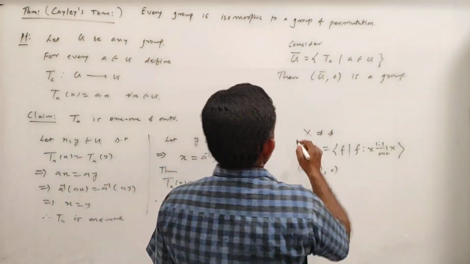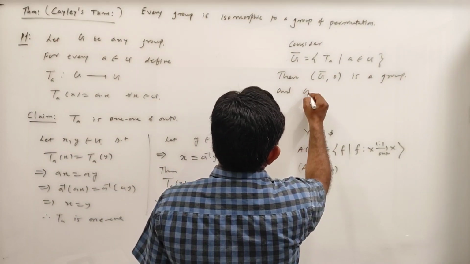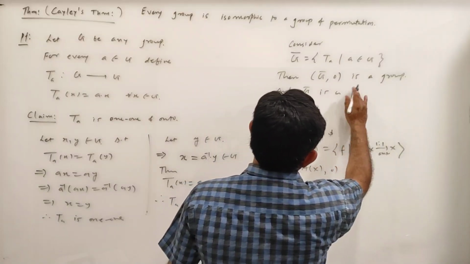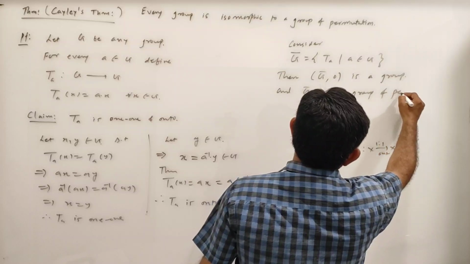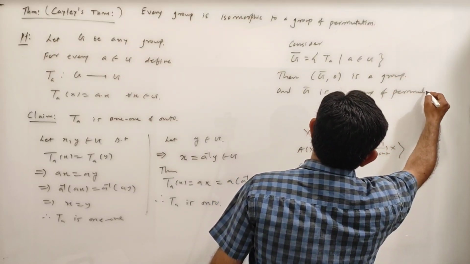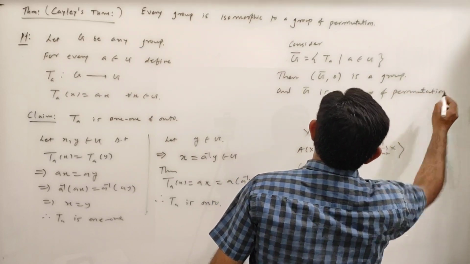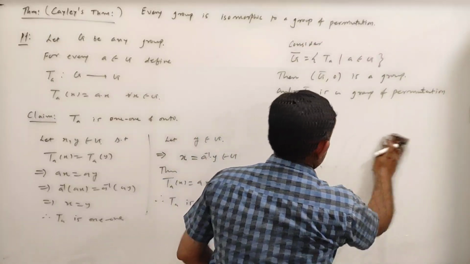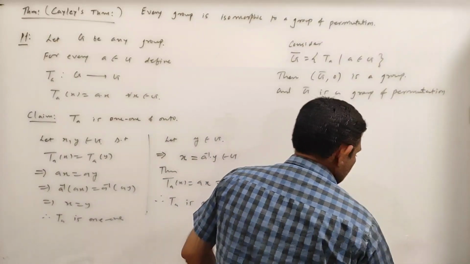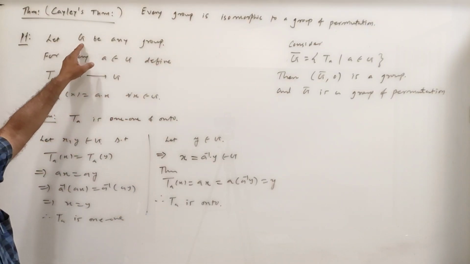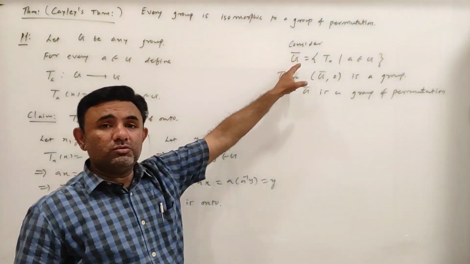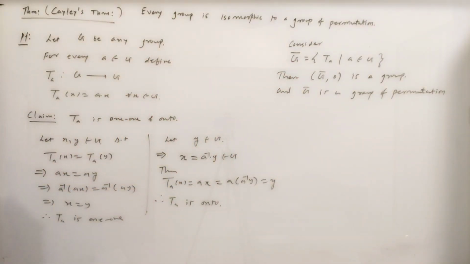So G bar is a group of permutations on G. So now my next claim will be what? Now I will show that this group G will be isomorphic to G bar, right?